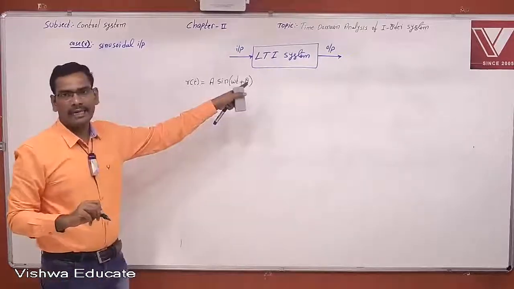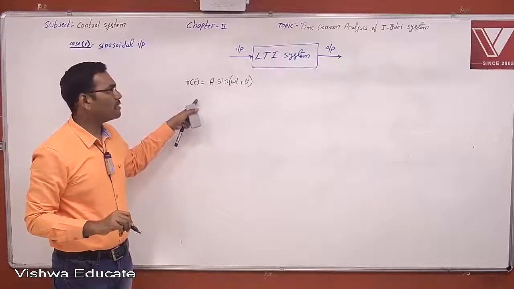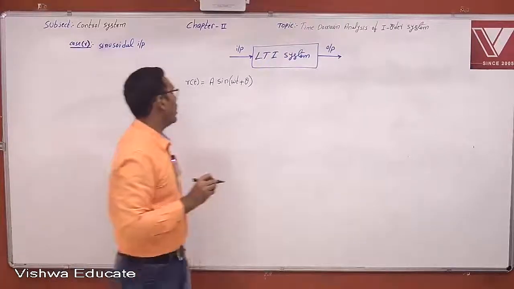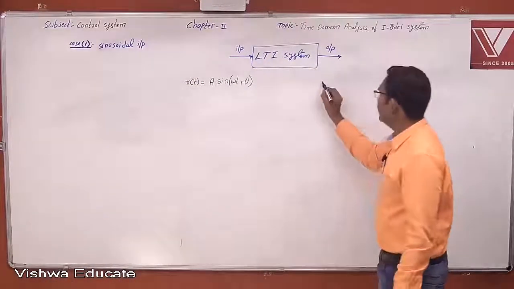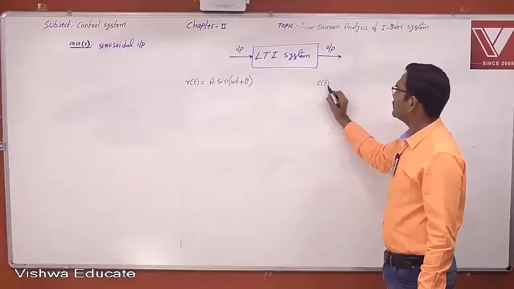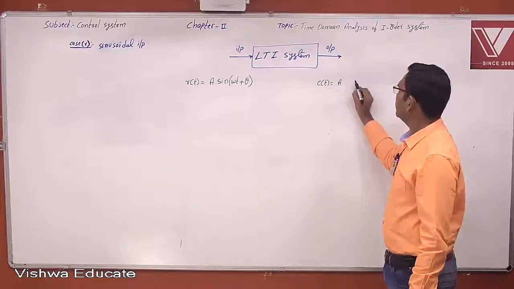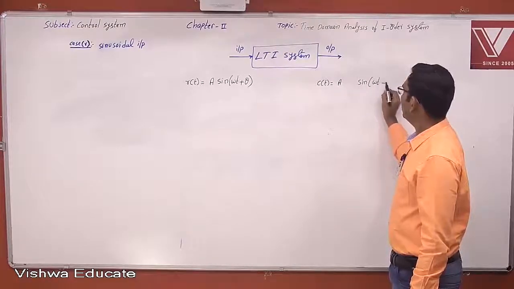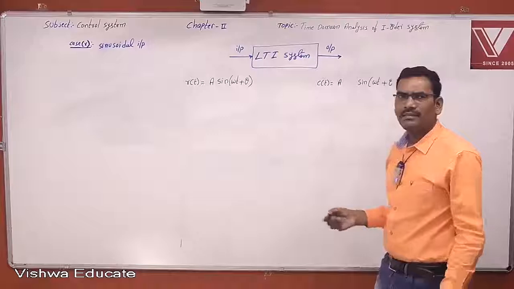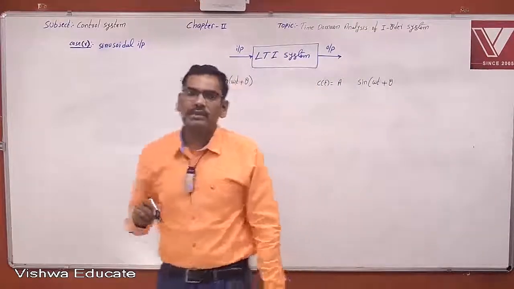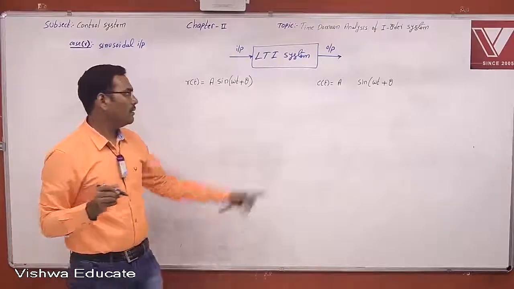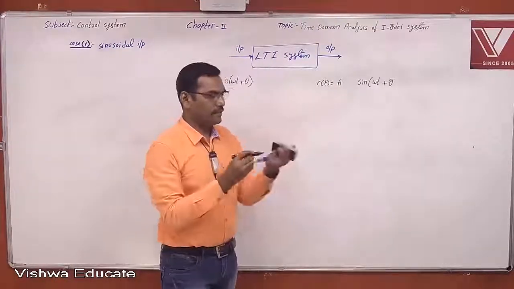For a linear time invariant system, if the input is sinusoidal, the output is also sinusoidal. The output is A sine omega t plus theta. So where are the changes? Only the difference in magnitude and the difference in phase.